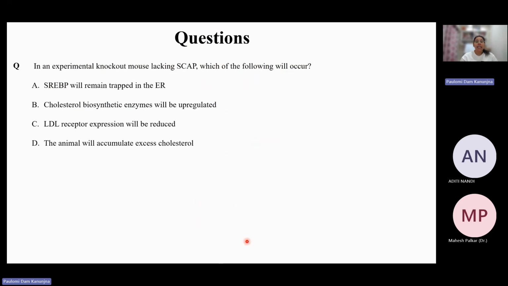Okay. Next, in an experimental knockout mice lacking SCAP, which of the following will occur?